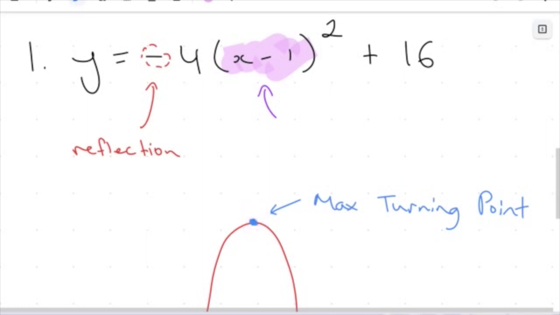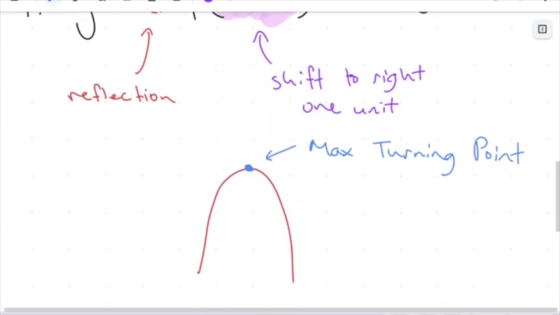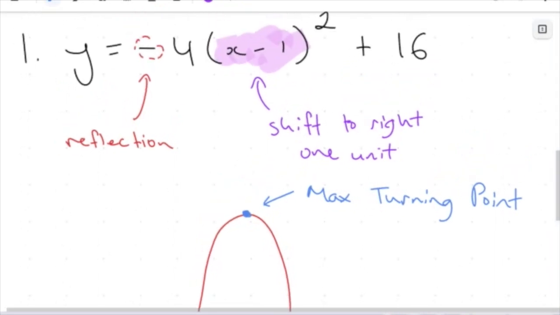So remember, with the horizontal translations, we go in the opposite direction. So since this is x minus 1, we are going to shift to the right 1 unit. So 1 unit to the right in the x direction. So if this was, for example, drawn on an xy plane, you would see that the pointy bit, the x coordinate, is going to be 1. It's going to shift across.